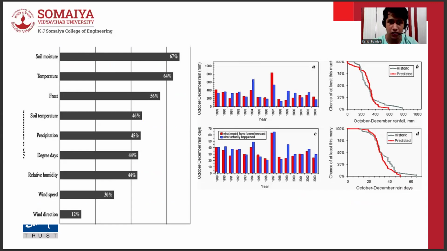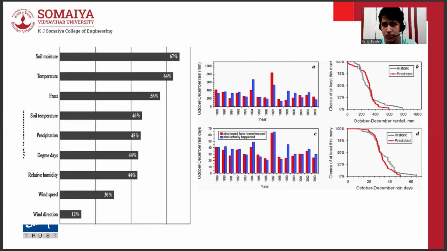and wind direction. We have a prediction of the rainfall over here, over the years from 1999 to 2003. The red bar is what would have been the forecast, whereas the blue bar is what actually happened. It's basically a comparison between the historic and the predicted value.